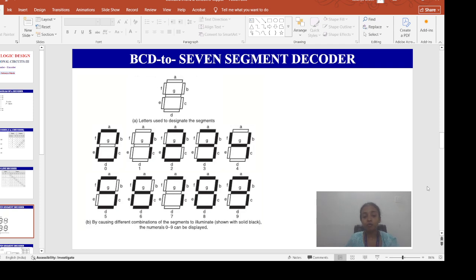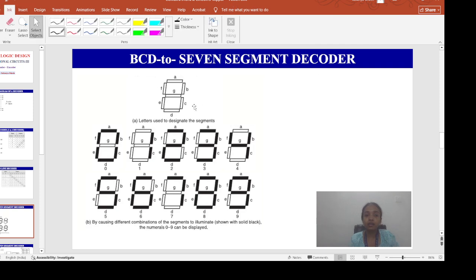So what is a BCD code? If I write here a decimal number 14, what will be its BCD code? For 1, what is the binary representation? 0001, and for 4, what is the binary representation? 0100. Okay, so this is the BCD equivalent of this decimal number.